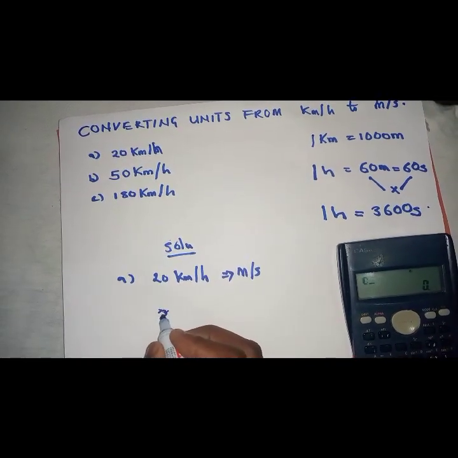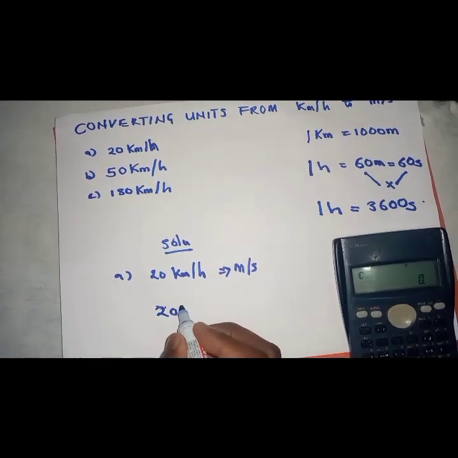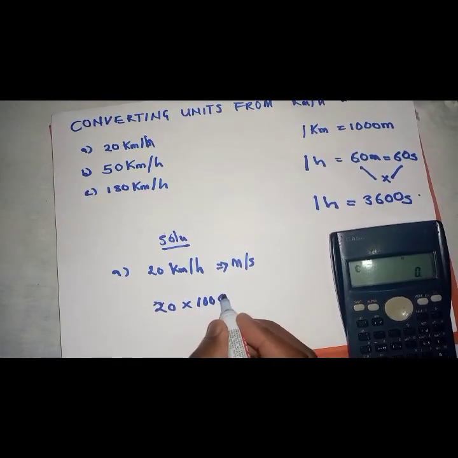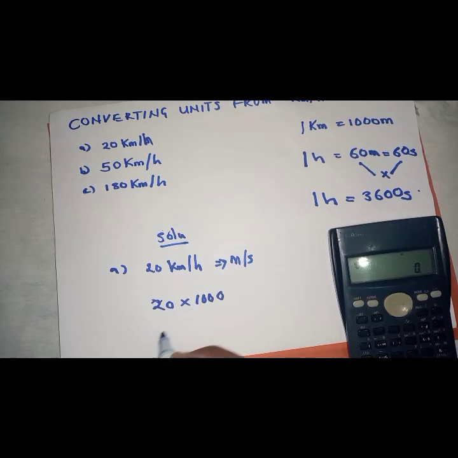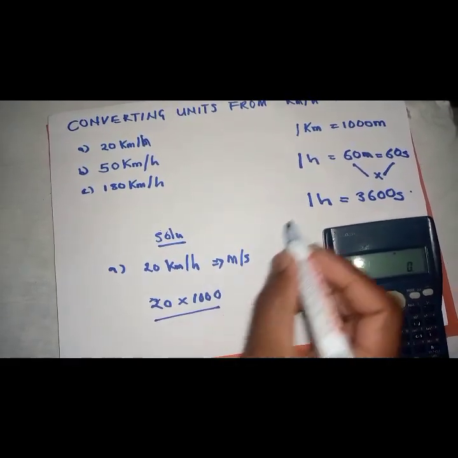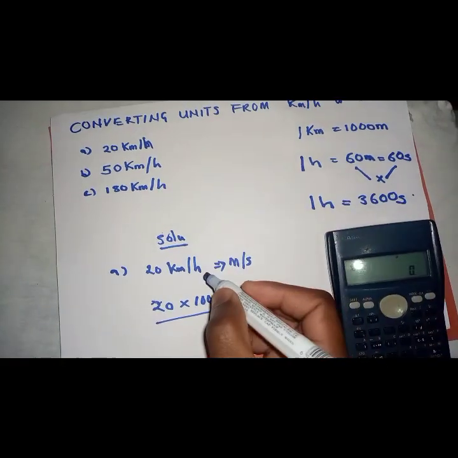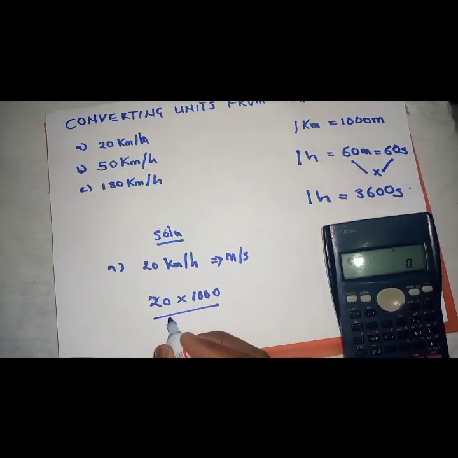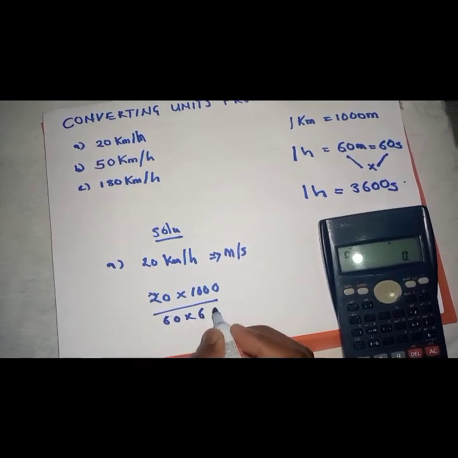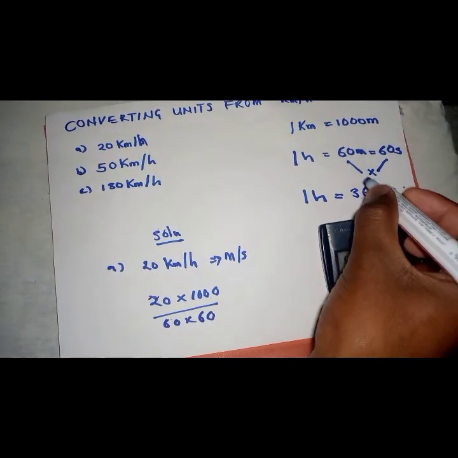So we have 20 kilometers here. We're going to multiply them by 1,000. Okay? Over, for time, we know that we're talking about 1 hour, so we have these seconds. So this is basically 60 multiplied by 60.